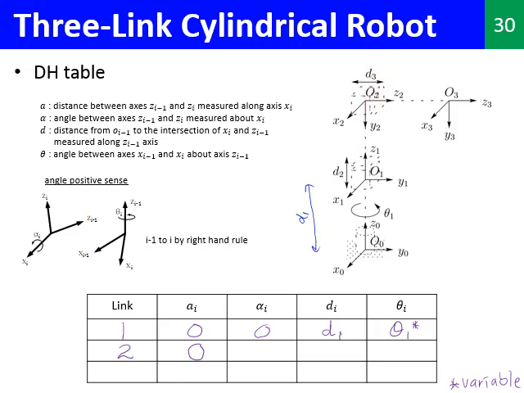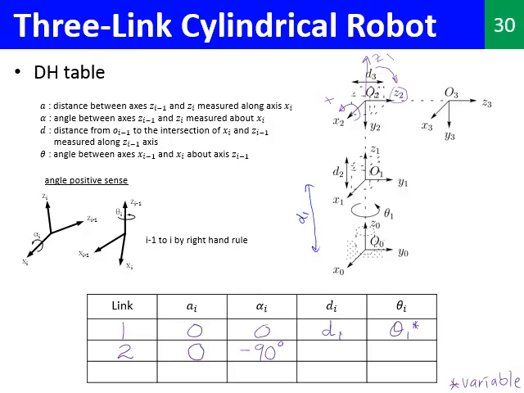Now you have to be careful in this case because this is the positive sense of the angle about x2, right? And here we have Z1 and you have Z2 here. So from Z1 to Z2 we should be measuring the angle clockwise, but the positive sense is counterclockwise. Therefore the angle should be minus 90 degrees. Okay, so I hope you understood that part.